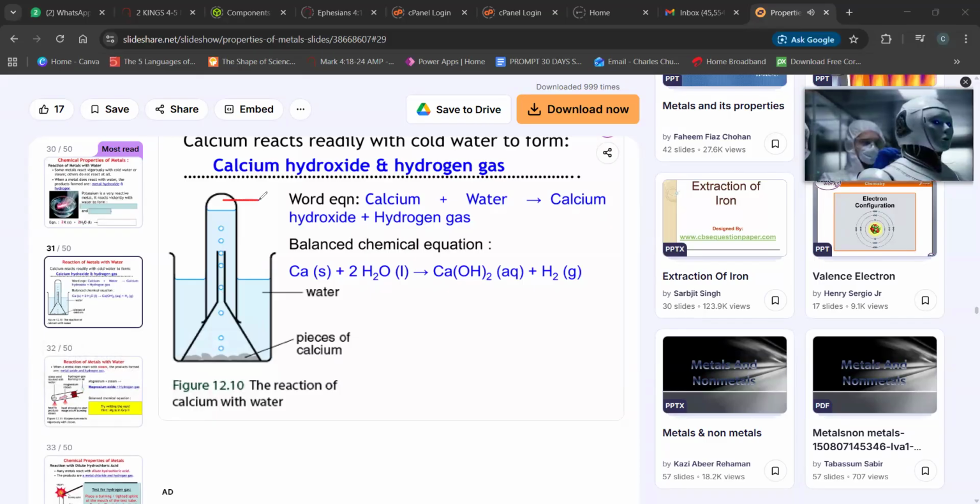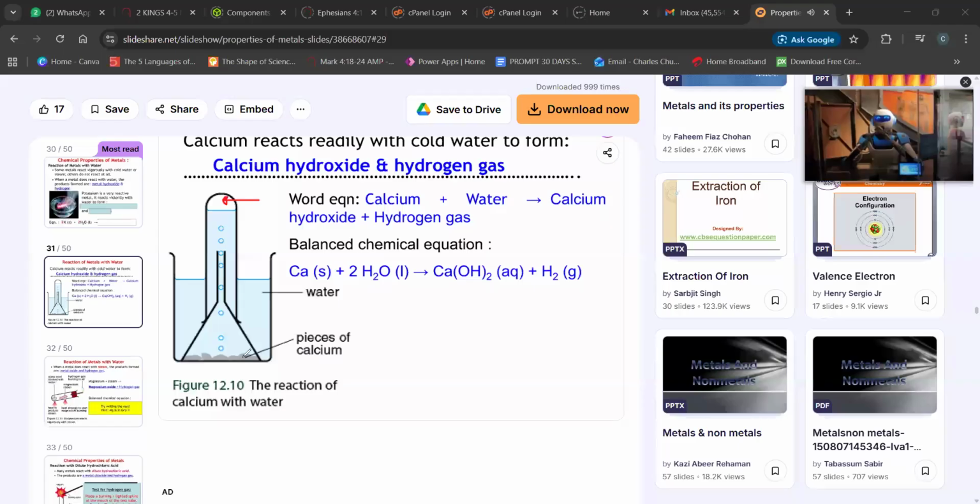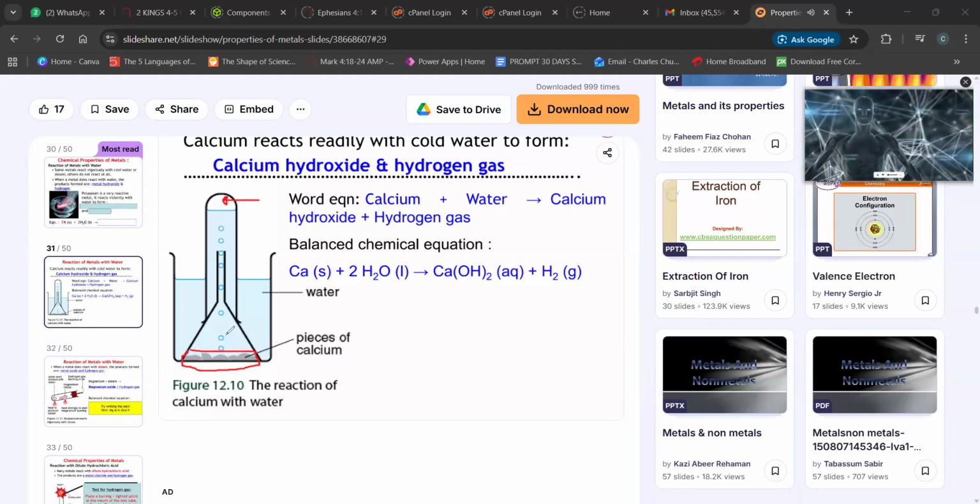This space, I'm pointing to it now with the red annotation, will keep on increasing until all the calcium is used up. At the end of the day, this calcium at the bottom of the funnel will be used up by the reaction. As soon as it's done, all the hydrogen will be formed.